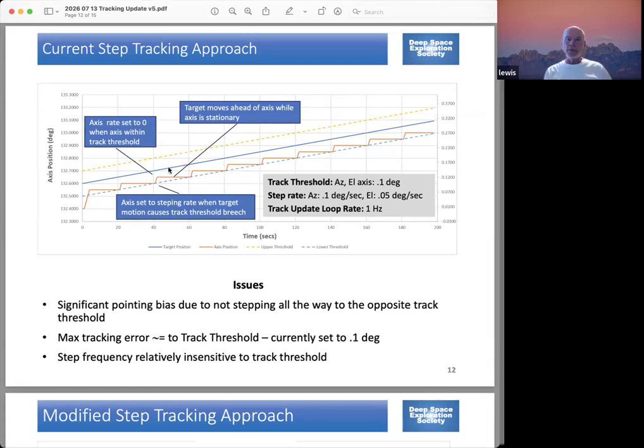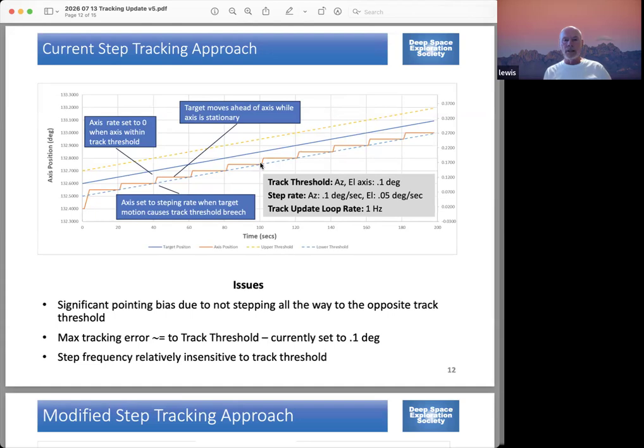It basically steps the axis for 1 second and then turns it off. And the reason it's 1 second is because the update cycle is once per second. It turns it on, and then the next update cycle, it sees, oh, I'm within the threshold, and turns it off. And it pretty much works that way on all rates.